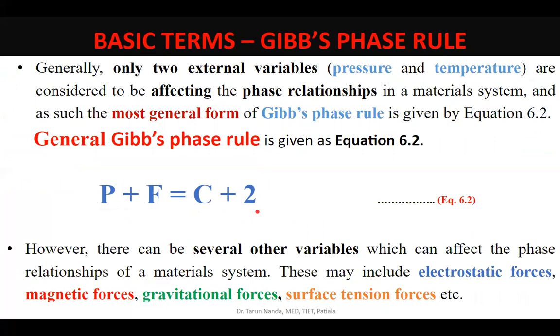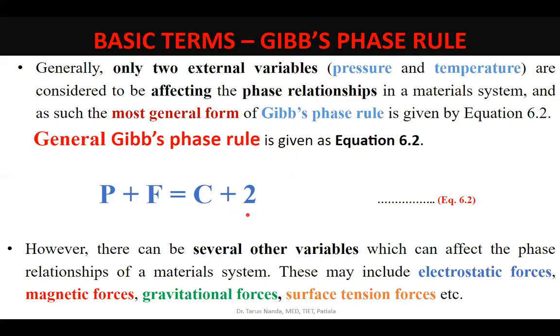However, as the second bullet point shows over here, there are several other parameters, variables which can affect the phase relationship of a materials system. These may include electrostatic forces, magnetic forces, gravitational forces, surface tension forces. And if a material system has been kept under conditions where any of these variables is also significant, and on changing such variables the phase relationships are getting affected, then this E too will get increased.